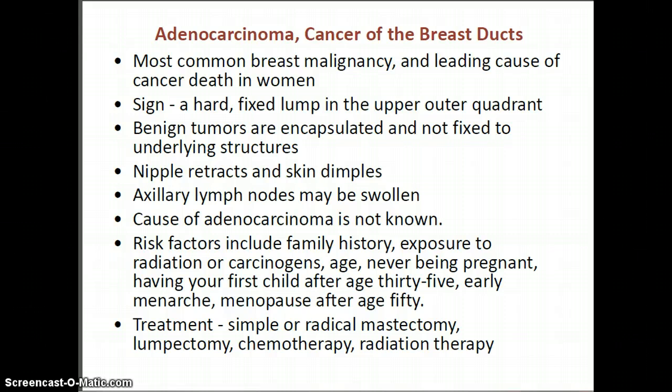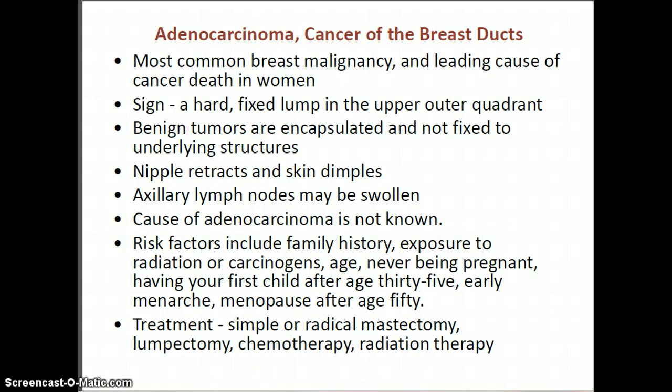A woman having her first child after the age of 35 is at higher risk. Early onset of menstruation and later menopause also matter, and these have to do with how long a woman is exposed to estrogen, because estrogen does promote some types of breast cancer.